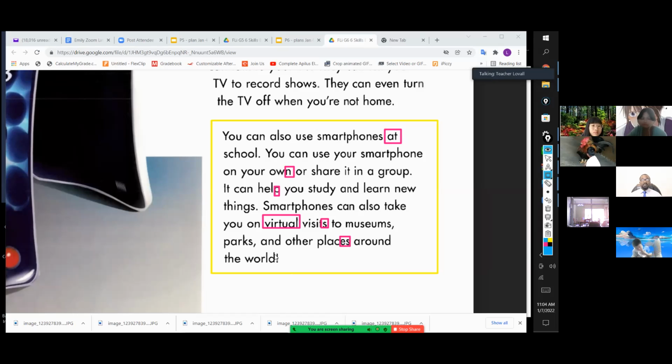Now, what about this here? What's that? You understand what that is? So that is an exclamation mark. Whenever you see this, you have to read very loud with strong emotions. So smartphones can also take you on virtual visits to museums, parks, and other places around the world!